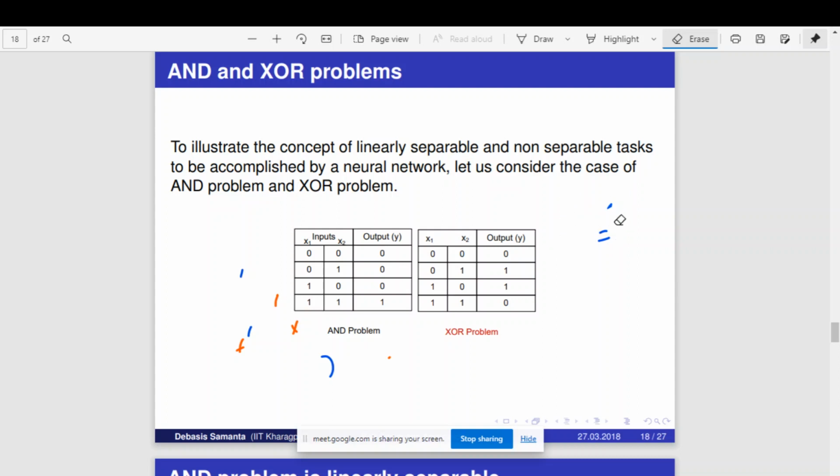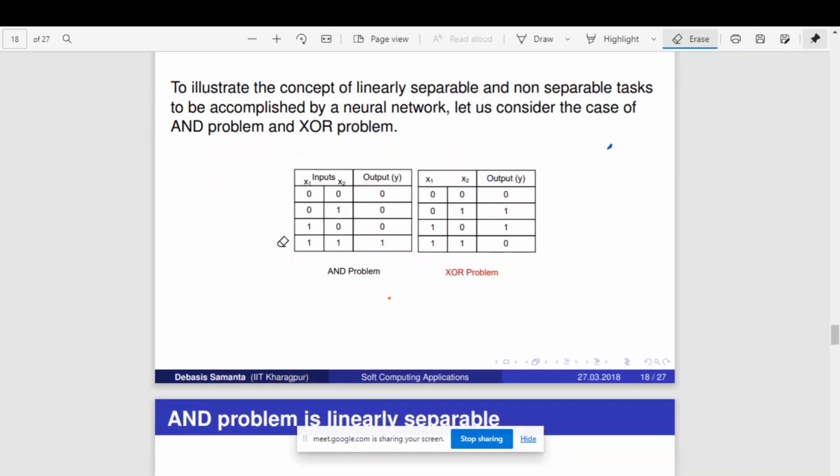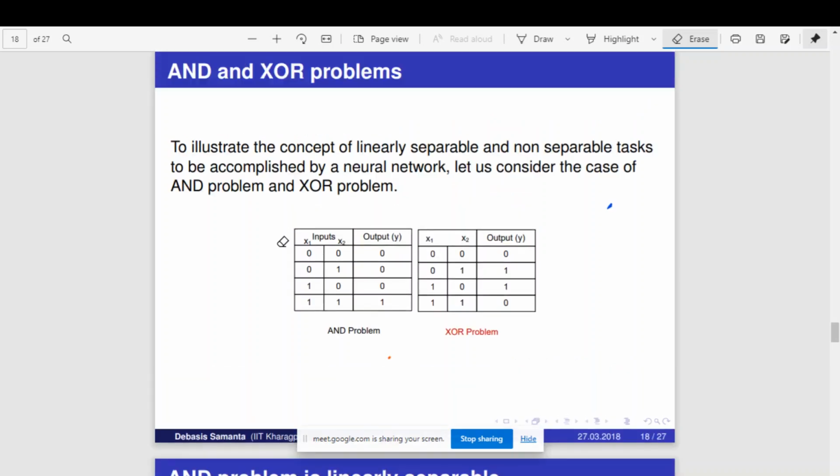Now let us try to understand the concept of linearly separable and non-linearly separable by using the AND logic and XOR logic. This is the logic for AND, which we have already discussed: 0 0 gives 0, 0 1 gives 0, 1 0 gives 0, 1 1 gives 1.